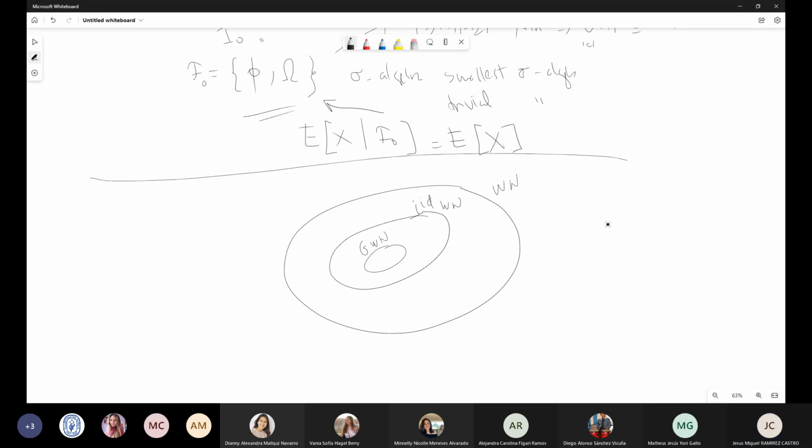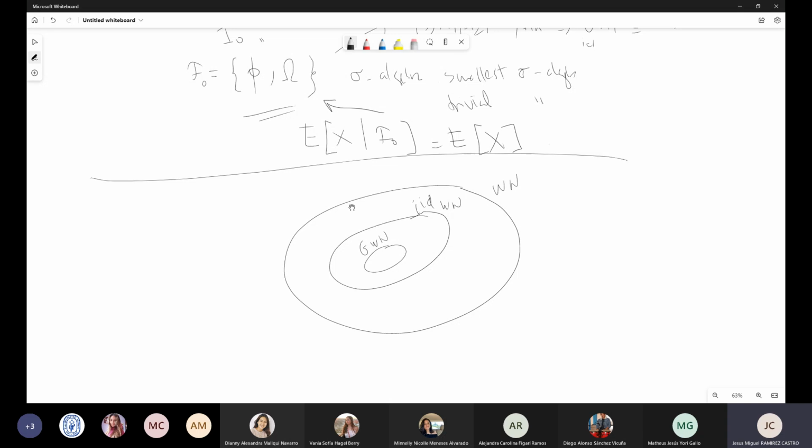Si lo ven en términos de conjuntos, es en sus diagramas de Venn-Euler. Vamos a ver la definición de white noise.